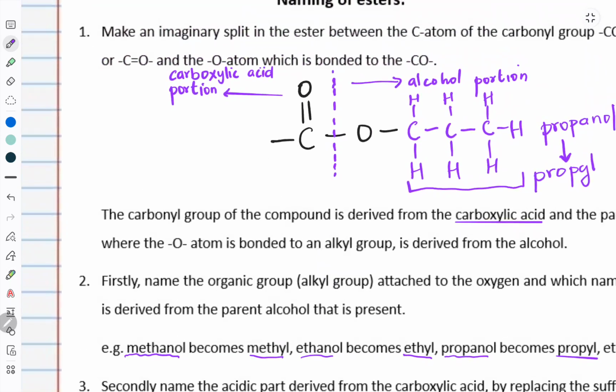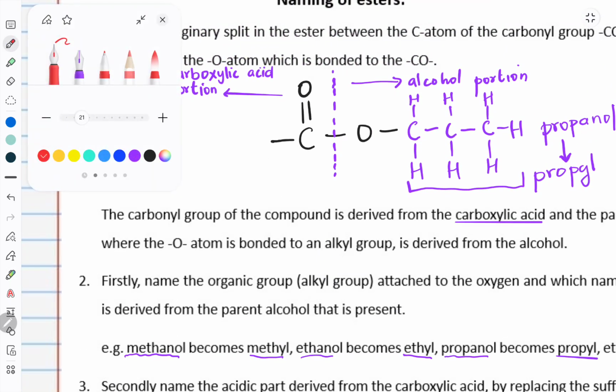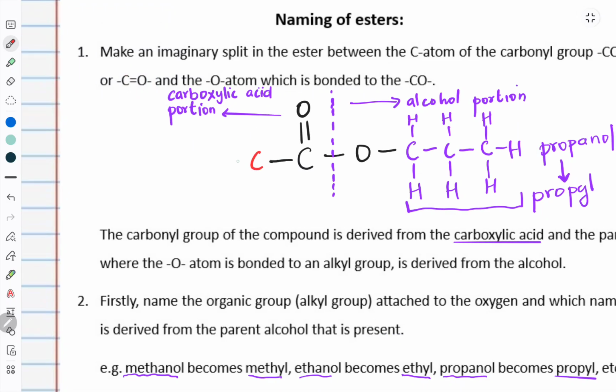So what that looks like is, let's say for instance this part had, let's change the color, like that. If you count, this is 1, 2, 3. And then we also had to count this side. This was 1, 2, 3 carbon atoms.